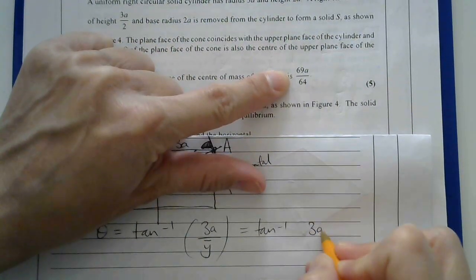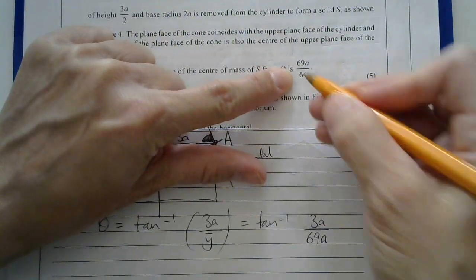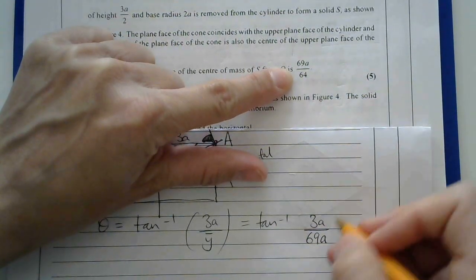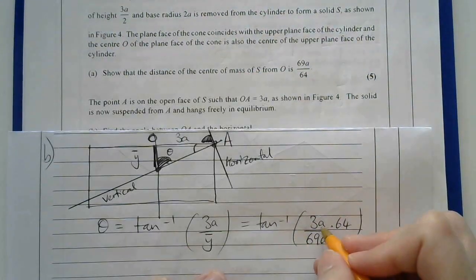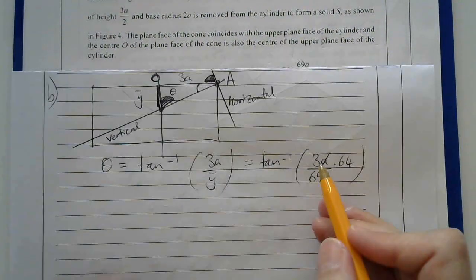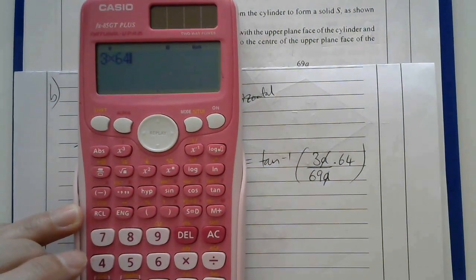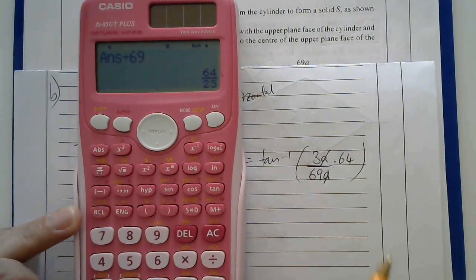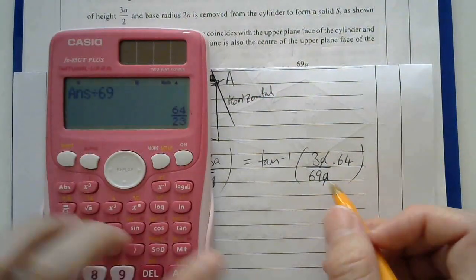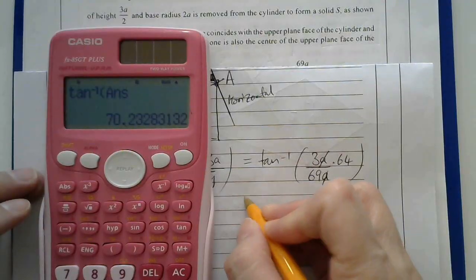So I've got 3A divided by 69A, and then I would have an over 24, which would flip up to the top. So I end up with a 64 on the top. Here the A's cancel, so I end up with 3 lots of 64 on the top, so 192 divided by 69. So I get 64 over 23, but I just need to do inverse tan of that.